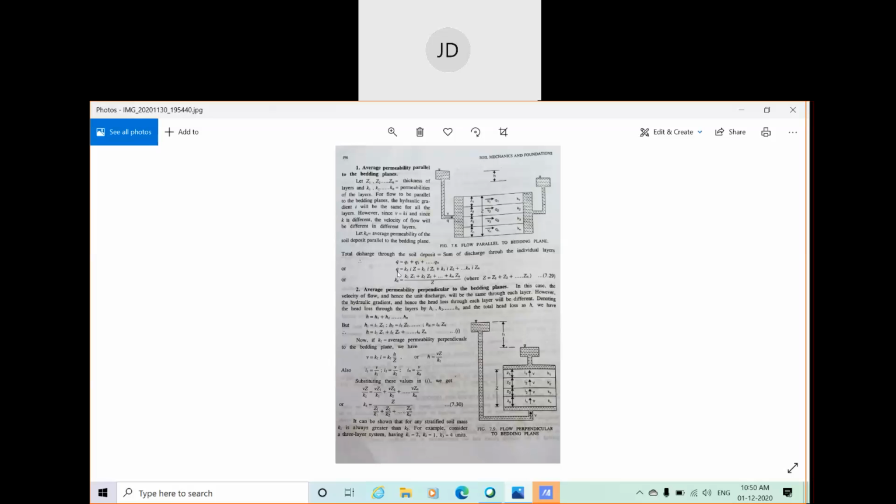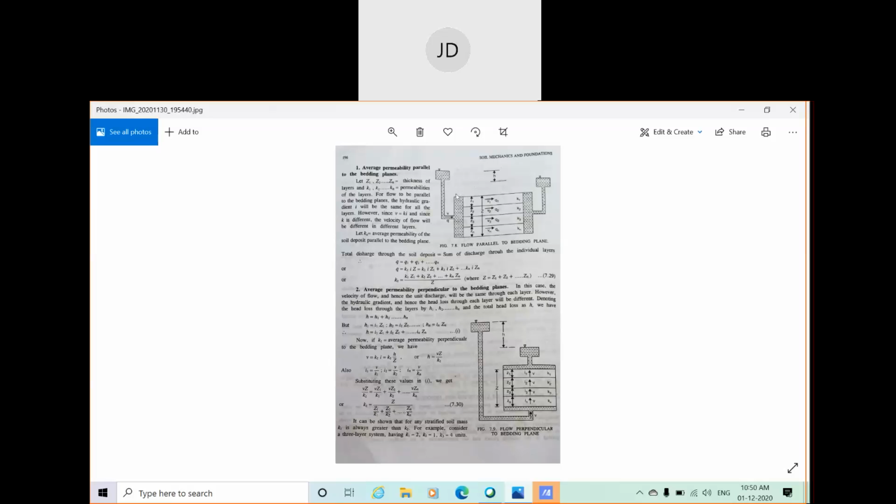We know Q is equal to KIA. So especially in this case, since this is a line diagram, taking the thickness of this diagram as 1 unit, we can consider the cross-sectional area as Z into 1, or simply Z. So this Z is the thickness of each layer, and the other side, which you cannot see, is perpendicular to the drawing.